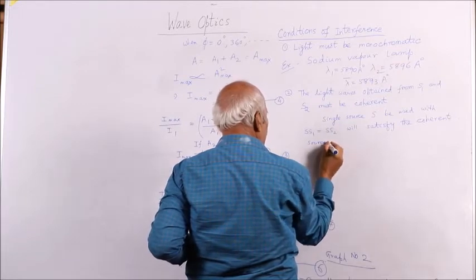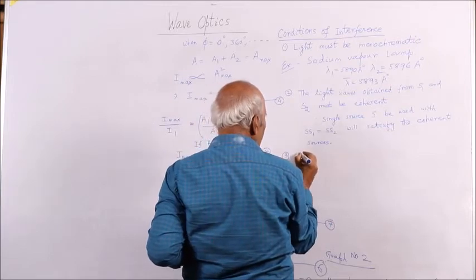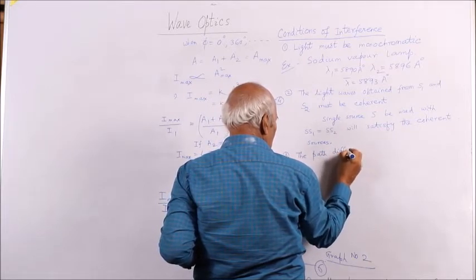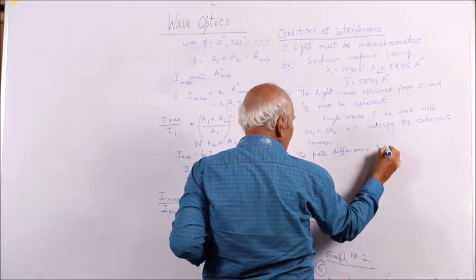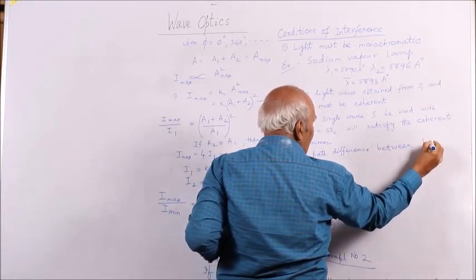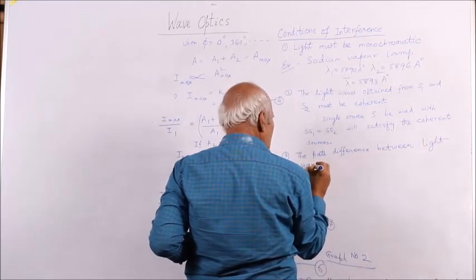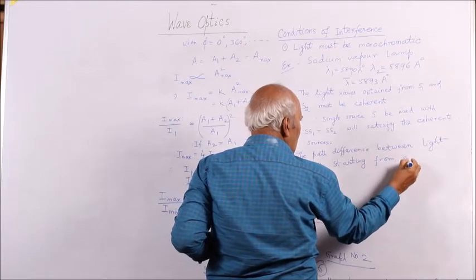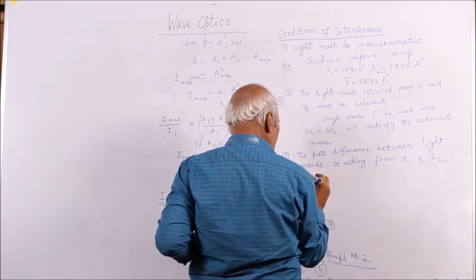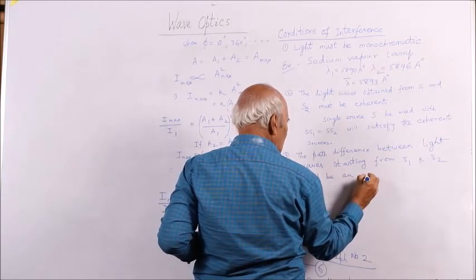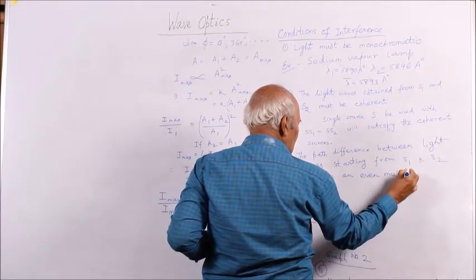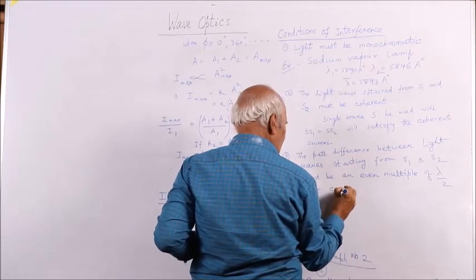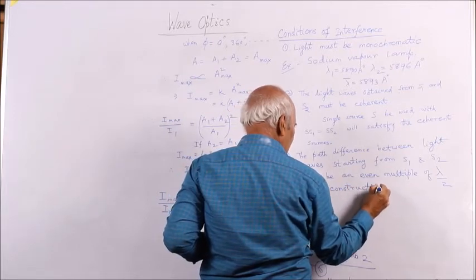Then we come to the third condition. The third condition is that the path difference between the light waves starting from S1 and S2 must be an even multiple of lambda by 2 for constructive interference.